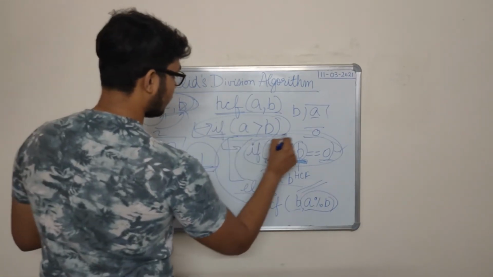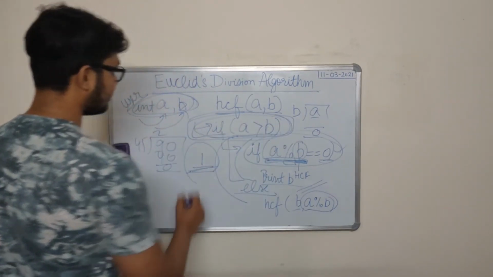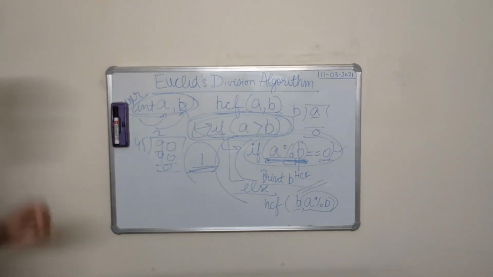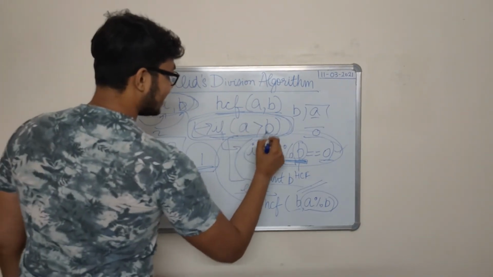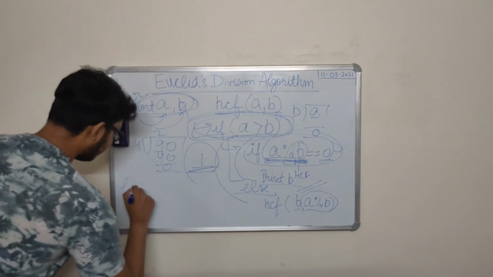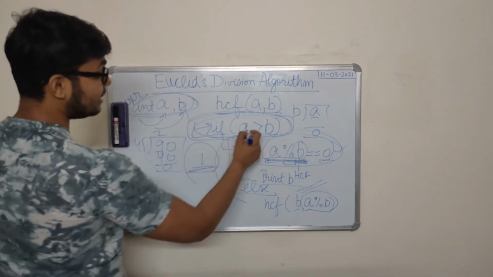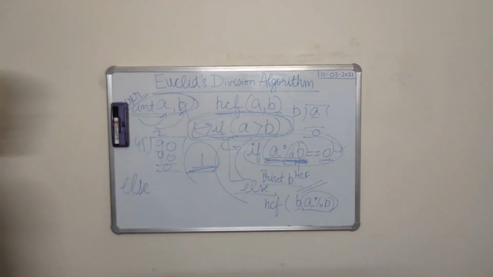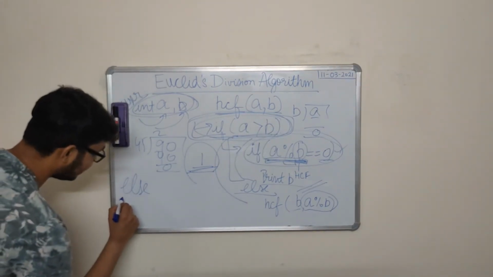Now let's think of this problem over here. If A is greater than B, then do this whole thing. What if B is greater than A? In that case, I'm using an else over here.